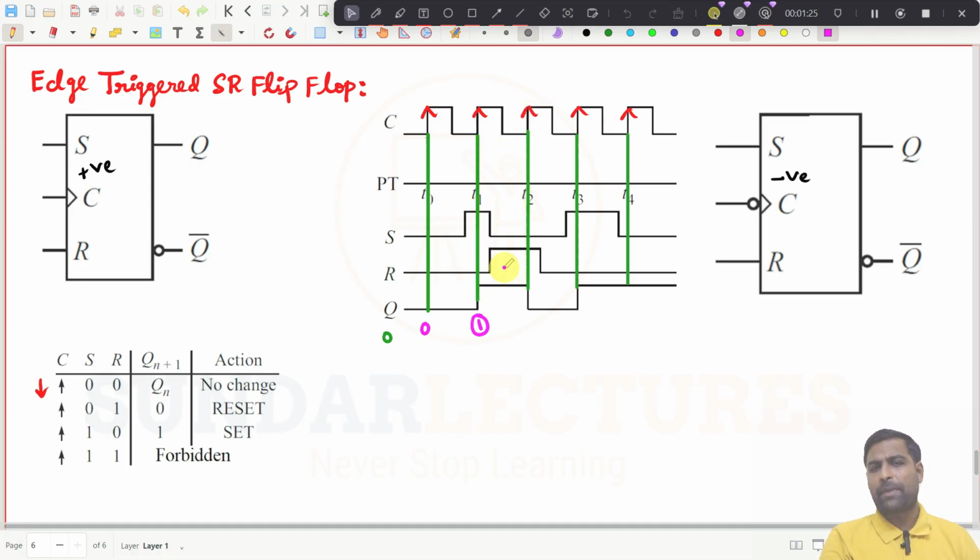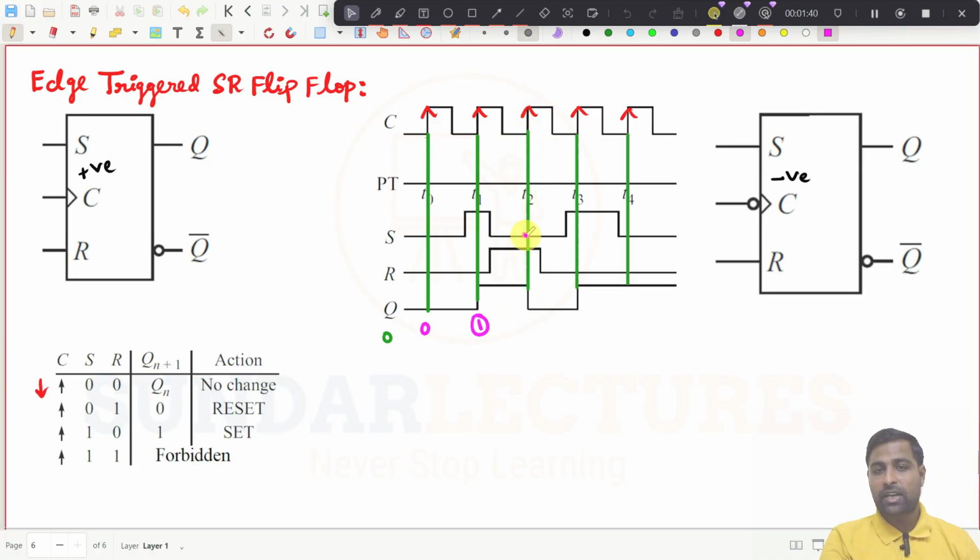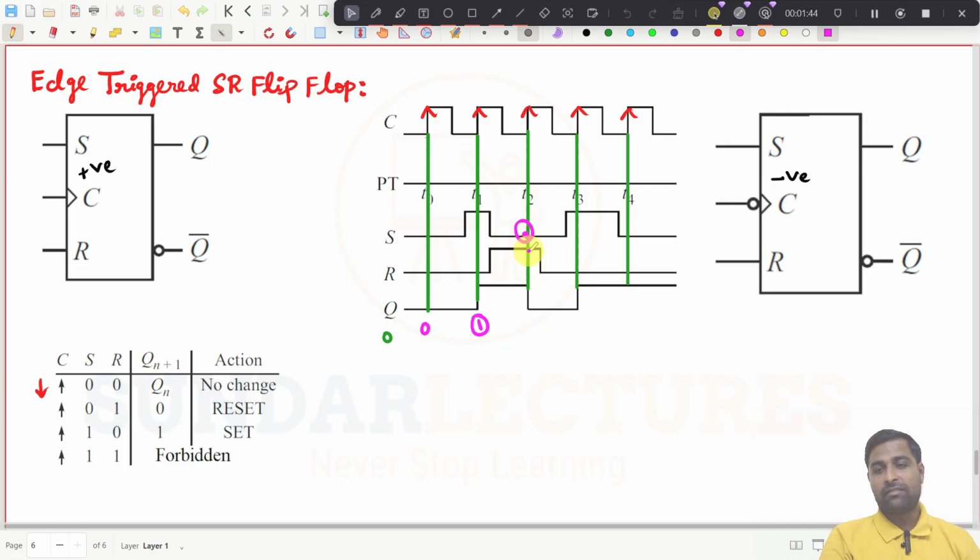Whatever the change in the SR inputs, the output will not change because it won't see the inputs until the next rising pulse. So it is going to see here at this instant, S becomes 0 and R becomes high. So it is a reset condition. The output becomes 0 at this point, and it will hold on to 0 until the next rising pulse.